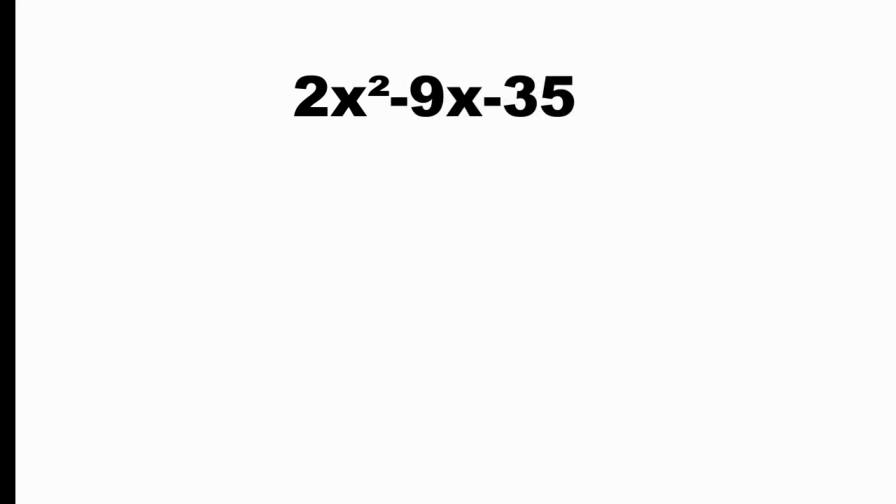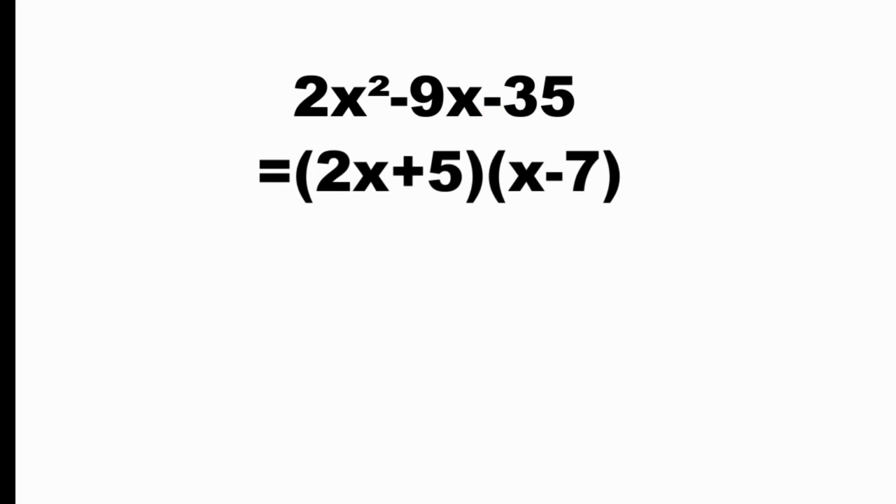Suppose we have negative 2x² minus 9x minus 35. We have a negative here, and the last term and the middle term are negative. So in the factors, we have to change the sign of the factors.